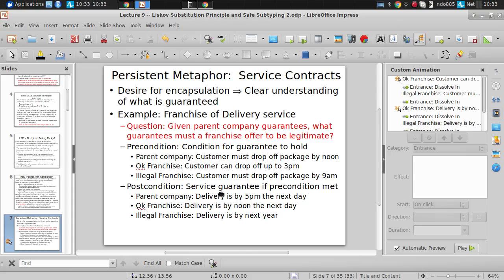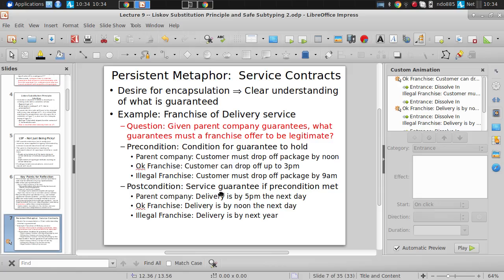We could also legitimately tell them, as FredX, we actually will guarantee delivery between 11 a.m. and 12 noon the next day. In other words, within the hour up till 12 noon the next day. In fact, we could say all packages are delivered exactly at noon the next day, and I'm going to put aside the continuous discrete thing.